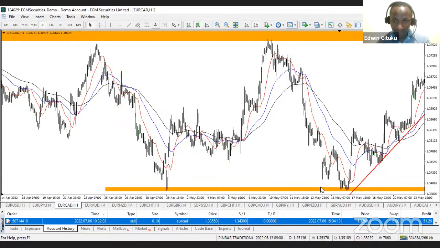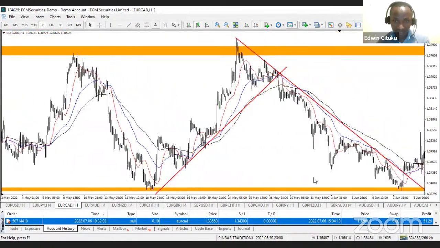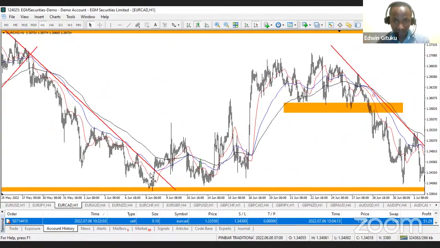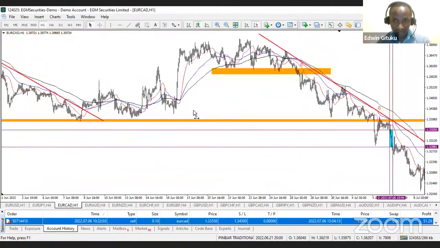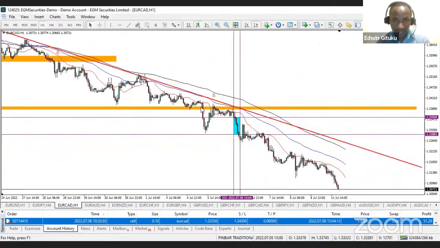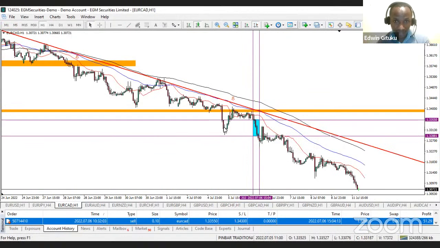So it began at that point, retested again, pulled upwards, retested for the third time, rose again, and here we are. So the price rose, hovered along that support before breaking it. And once it broke it, it retested.